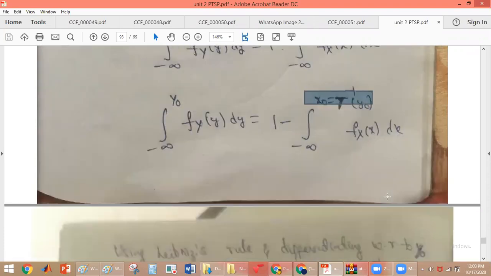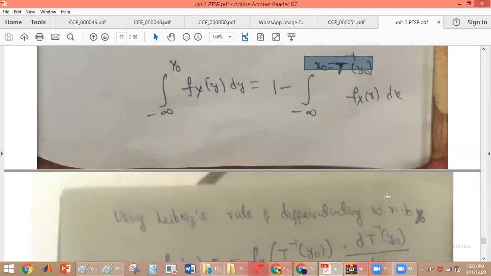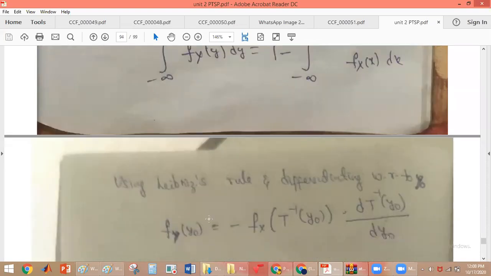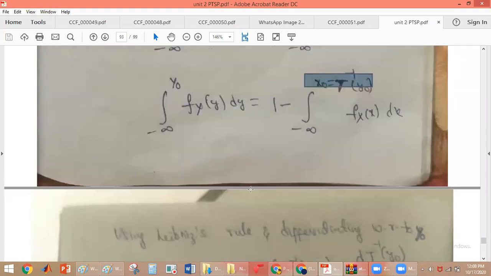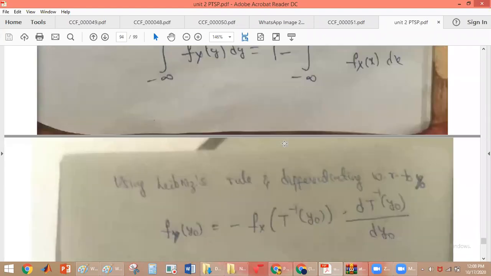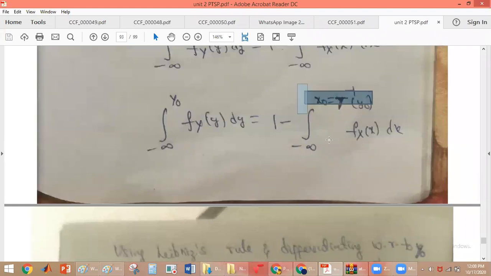So again we will be differentiating this equation with respect to y naught, and using the Leibniz rule we will write the solution. If you differentiate this with respect to y naught, on the left side we get f_Y of y naught. That is equal to the differentiation of 1, which is 0, minus, and how do you apply the Leibniz rule for this?